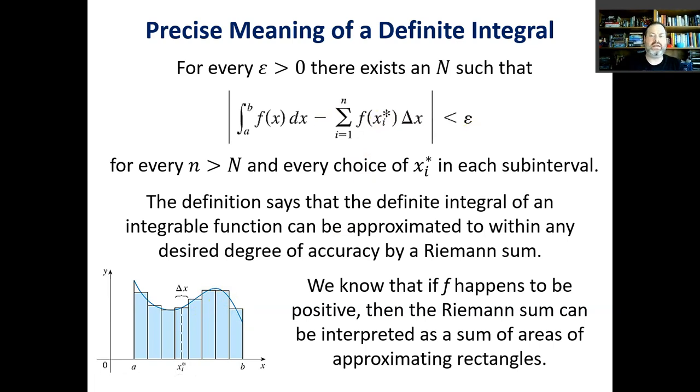So for every acceptable error, if you want to think of epsilon as meaning error, we can find some value of n bigger than some set number. And for every choice of xi in each subinterval, this statement is true.